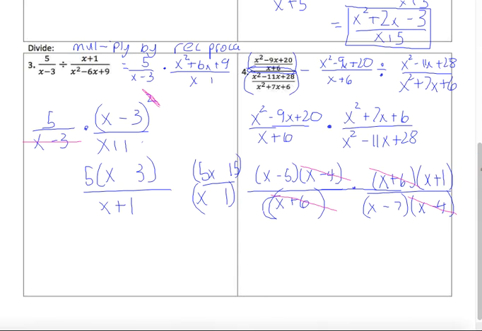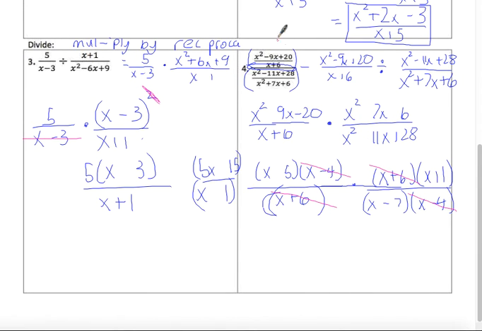So what's left after we divide our common factors to 1 is a factor of x minus 5 in the numerator and an x plus 1. So we have x minus 5 times x plus 1, all divided by x minus 7.